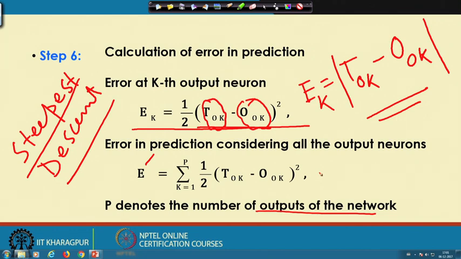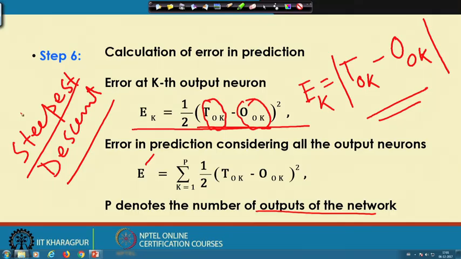Now, this is one way of doing it, but I am not going for that. The reason is very simple, and I have already discussed it: the steepest descent method works based on the concept of gradient, so there is a chance of local minima. There is a possibility that the solution is going to hit a local minima, and we may not get the globally optimal network, which will be able to predict the outputs for a set of inputs very accurately.